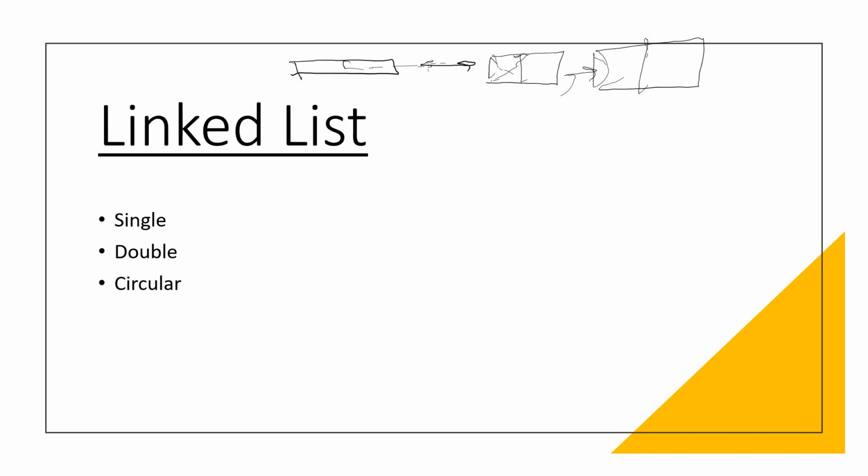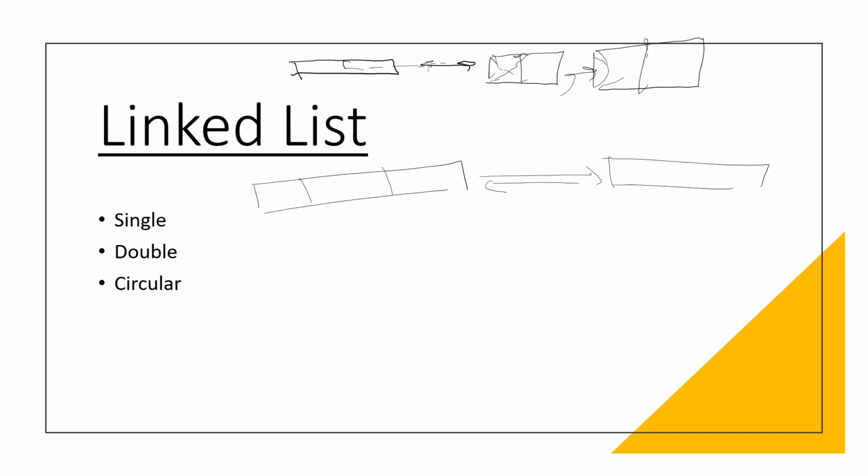Now when it comes to the doubly linked list, each node contains two links. The first link points to the previous node, and the second link points to the next node in the sequence, right? So here instead of dividing it into two, we'll divide it into three. This will point both sides.